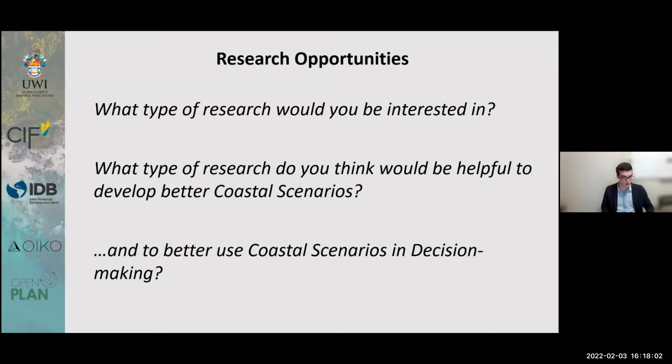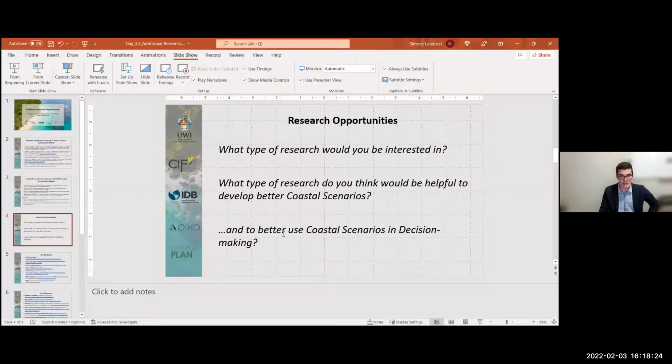So I'd like to open the question to all of you and ask what type of research would you be interested in? What type of research do you think would be helpful to develop better coastal scenarios or to better use coastal scenarios in the decision-making process? So does anyone have any idea around any of these questions?